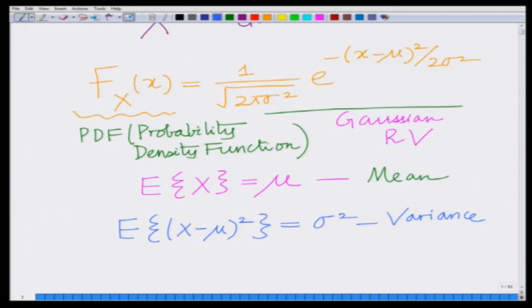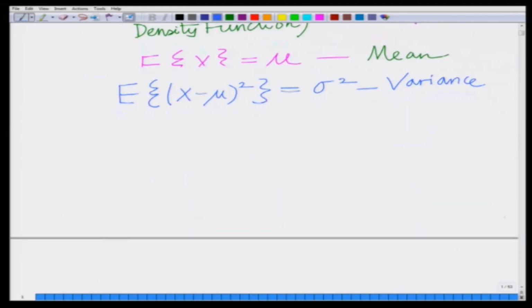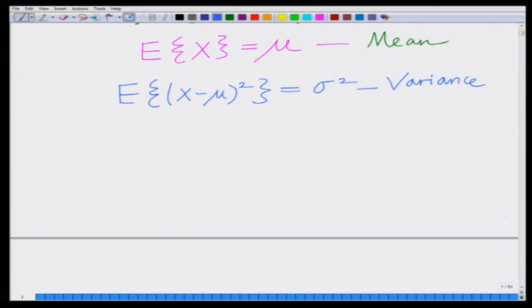And if I plot the probability density function of this Gaussian random variable, it is going to look something like this. Most of you should be familiar with this.